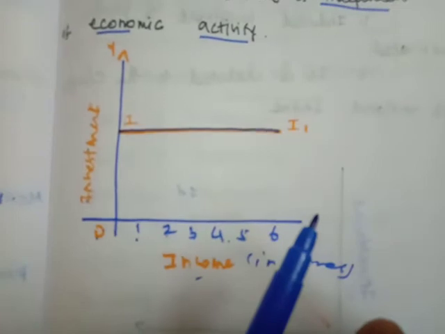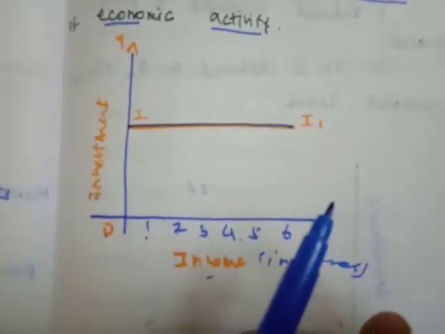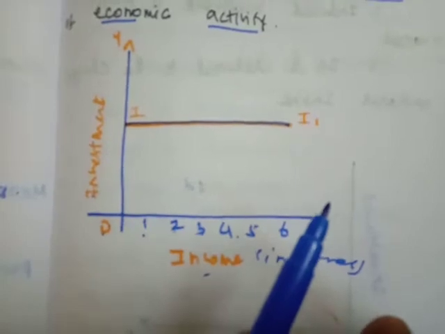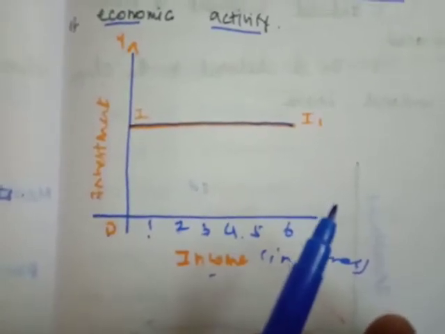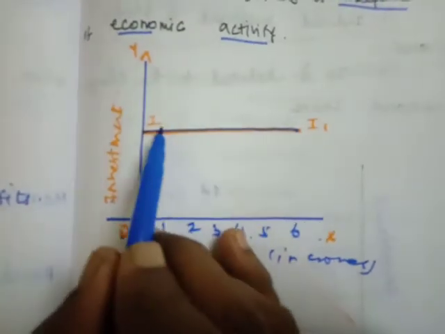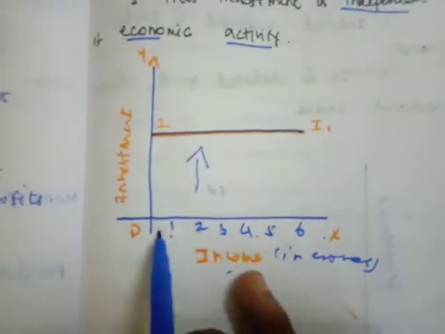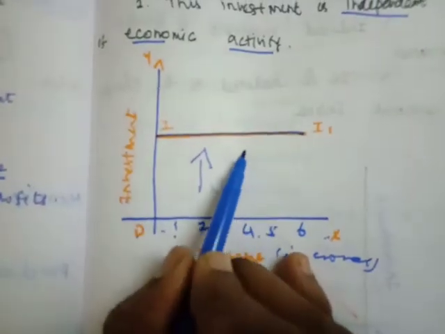Whether they are receiving any profit is not an important problem. The main motive is to provide the welfare of the people. So they invest money in communication, roadways, bridges, schools, colleges. So the autonomous investment is parallel to the OX axis.